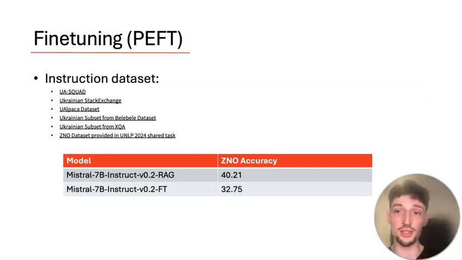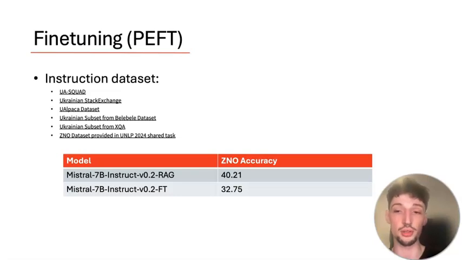The next part was centered around fine-tuning. We curated a set of openly available instruction-based datasets, some of them being translations, to which we added the data provided by the organizers. We used the UA Squad, Ukrainian Stack Exchange, ULPack dataset and some subsets of multilingual datasets, to which we added, as mentioned earlier, the dataset from UNLP.